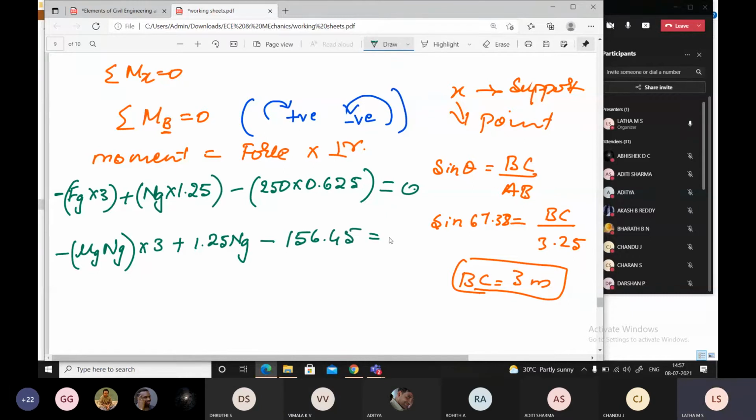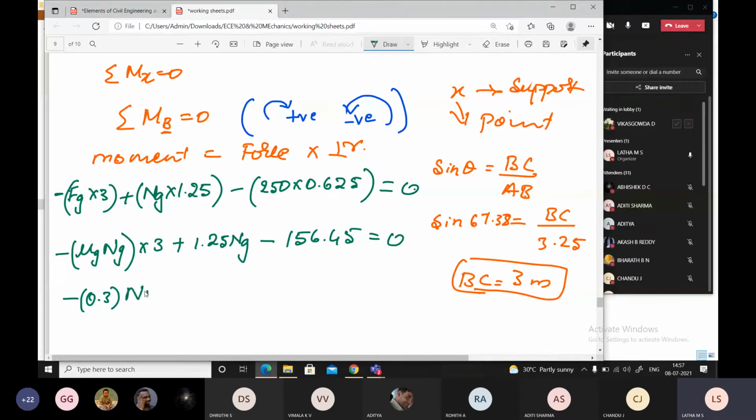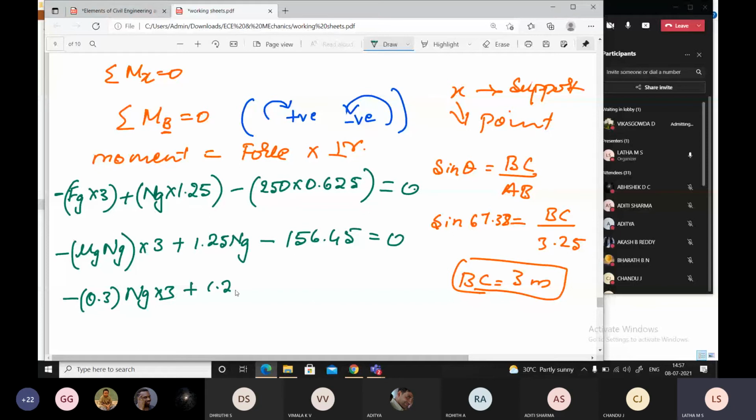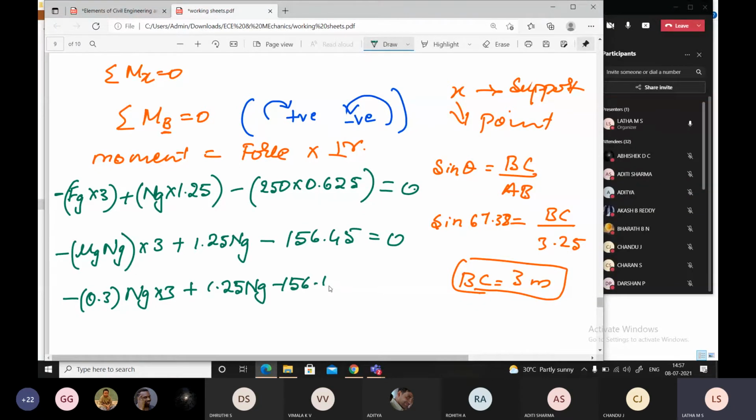156.25 equals 0. What is mu g, students, given in the problem? 0.3. Yes, it is 0.3 of Ng into 3 plus 1.25 Ng minus 156.25 equals 0.